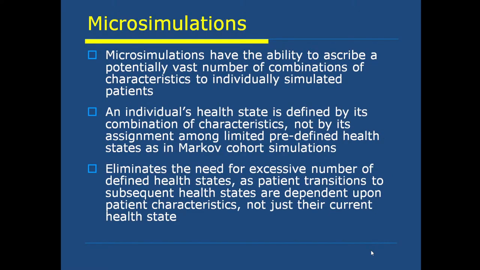Microsimulations have the ability to ascribe a potentially vast number of characteristics to individually simulated patients. An individual's health state is defined by its combination of characteristics, not by its assignment among limited predefined health states as in Markov cohort simulation.